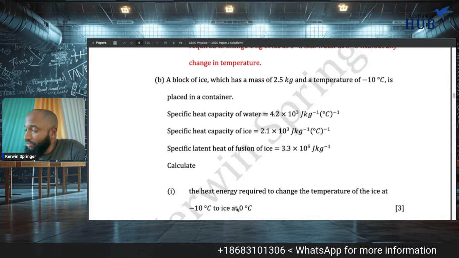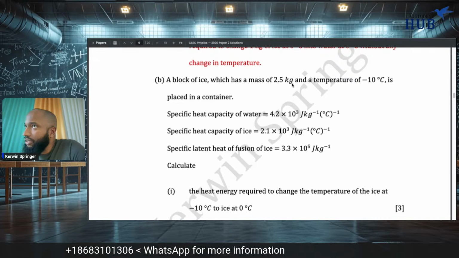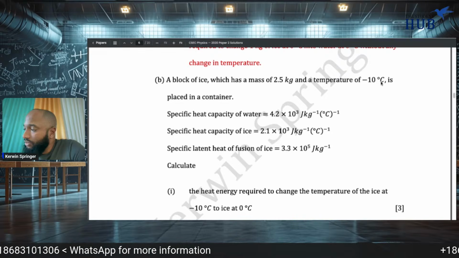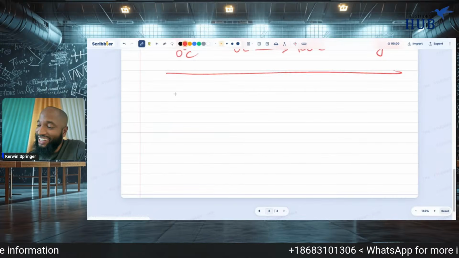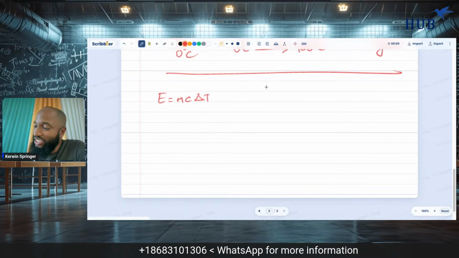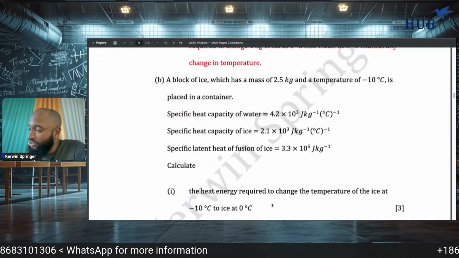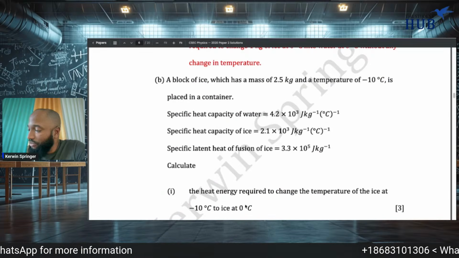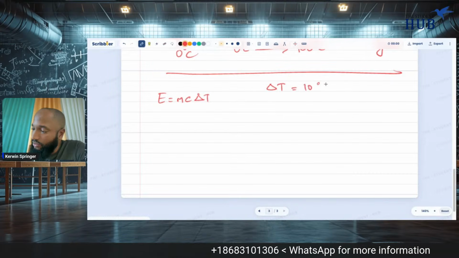E equals MC delta T. 2.5 kilograms, negative 10 degrees. The change in temperature was what? The change in temperature was 10, right? From negative 10 to 0.